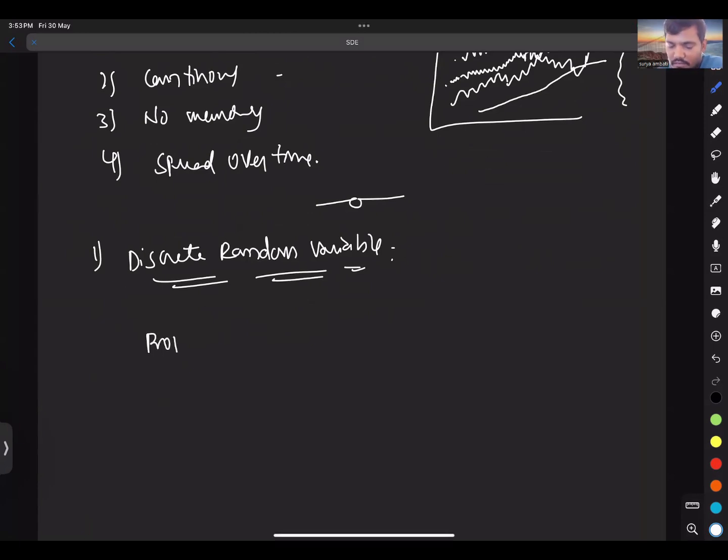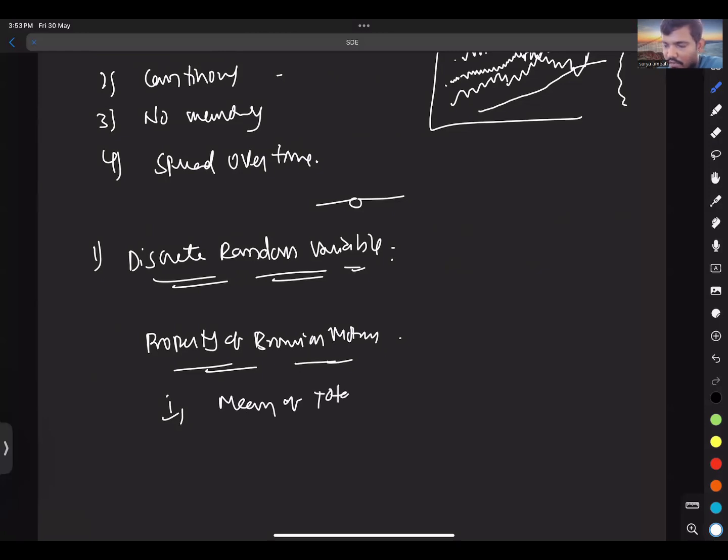A property of Brownian motion is the mean of the total position is 0, or expected position.